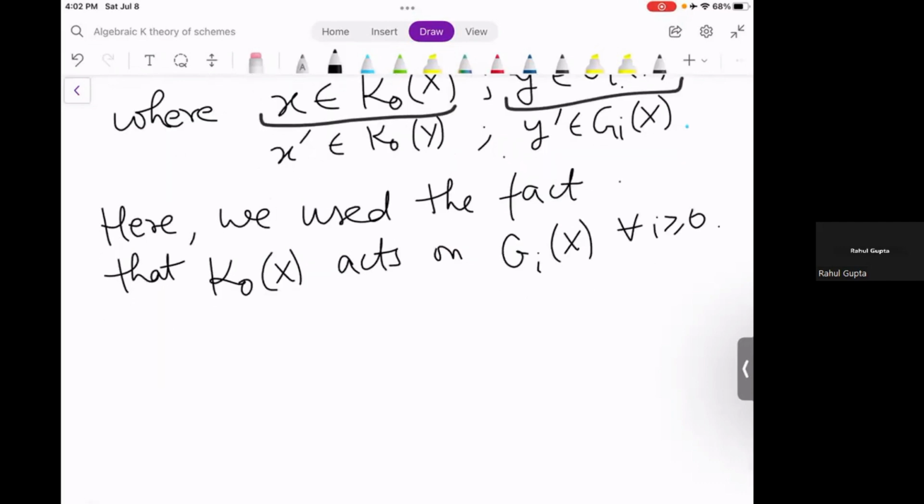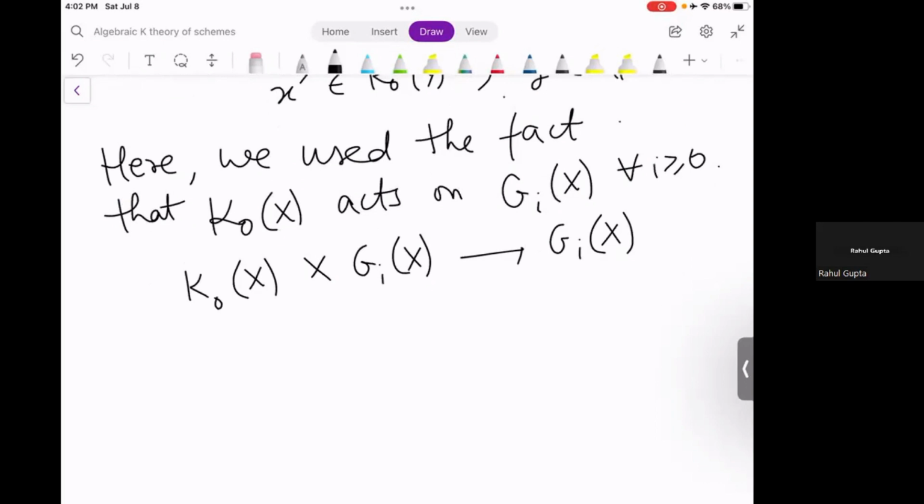So basically what we are saying is that K naught of X, if I multiply with GI of X, I should get back to GI of X. Yeah. So let me try to show this on the generators. So here we have projective module P. Here I am giving you some class, so this is some X basically. I want to say what this is.